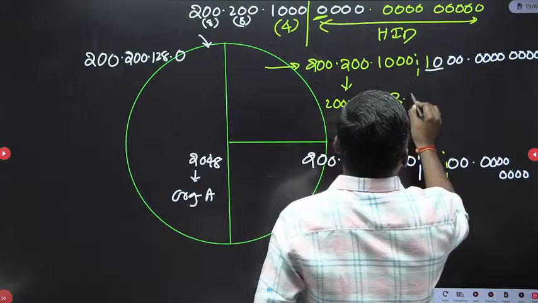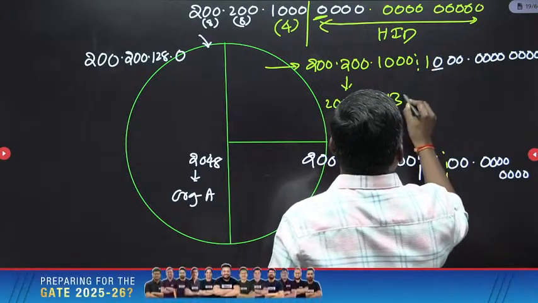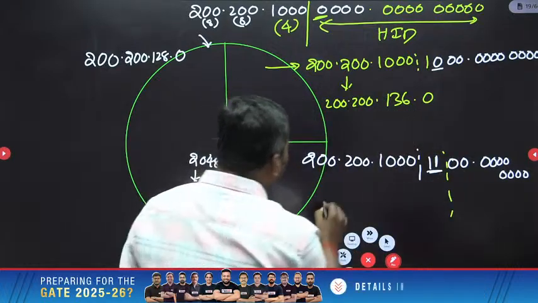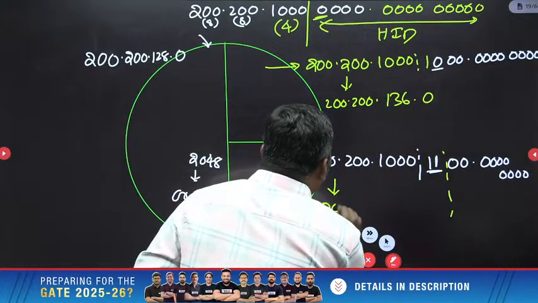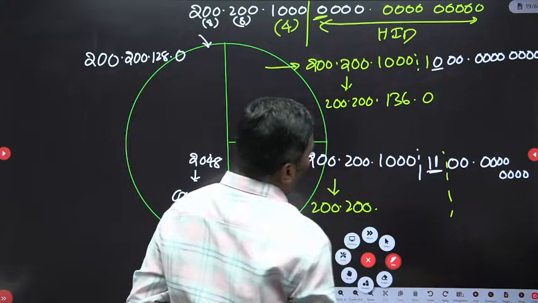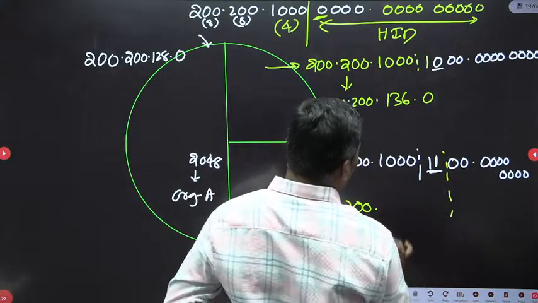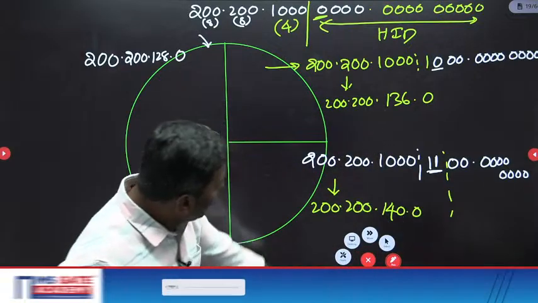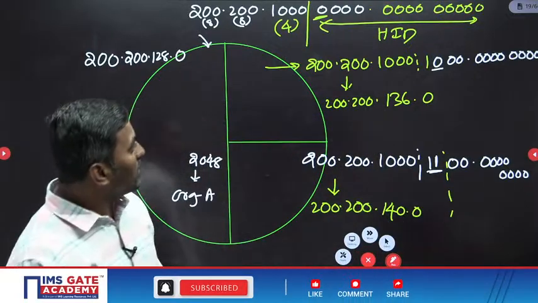So 136 dot 0 onwards it will start, correct or not? So 136 plus 4, 140 dot 0 like this. 140 onwards, 136 onwards will be there, correct?